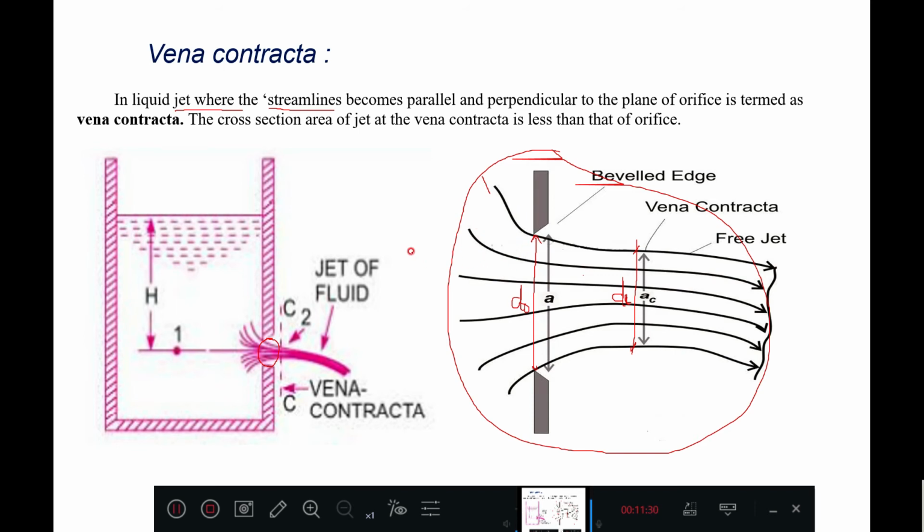Hence, remember, the vena contracta is nothing but the liquid jet where the streamlines become parallel and perpendicular to the plane of the orifice, and the cross section area of the jet at the vena contracta is less than that of the orifice.